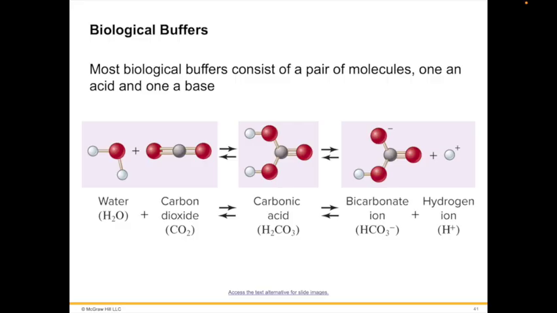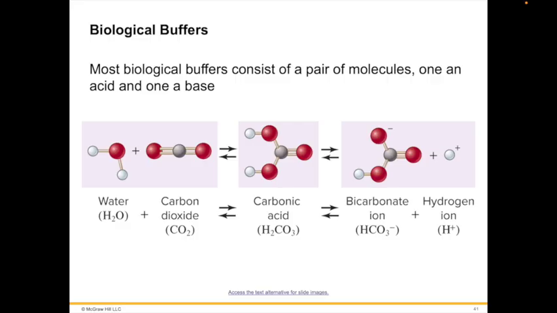If some acid or other substance adds hydrogen ions to the blood, the bicarbonate ion acts as a base to remove excess hydrogen ions by forming H2CO3, which is carbonic acid.